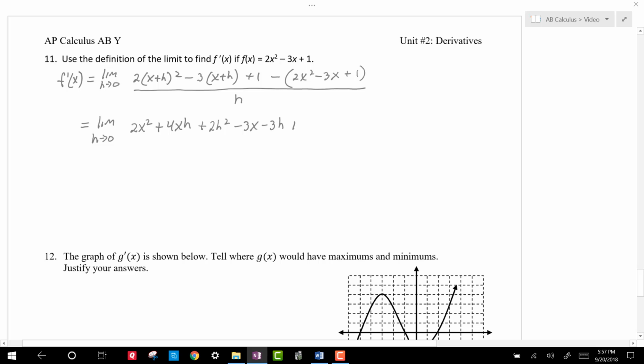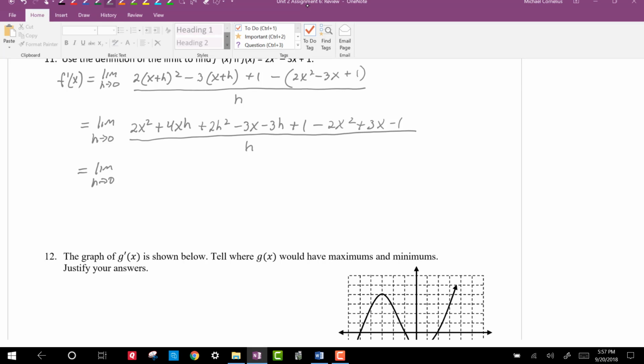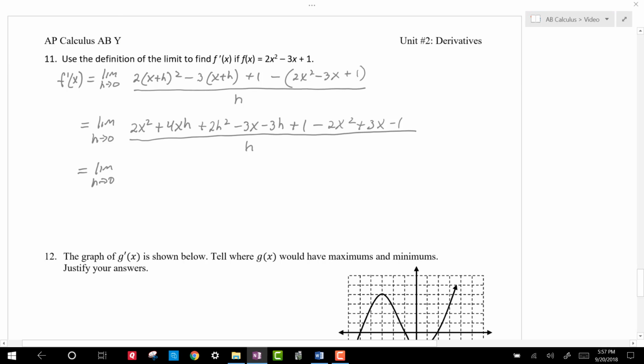Bring down the plus 1. Distribute the negative, that's negative 2x squared plus 3x minus 1. See how quickly you can actually do this if you know just a little bit of mathematics in your head. So this is the limit as h goes to 0. Alright, before I do that, I'm going to do some canceling up top here, so let me get a different color here. 2x squareds are gone.